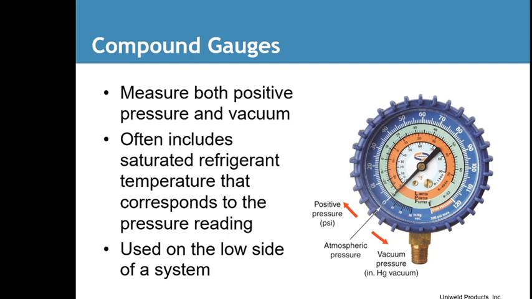Pound gauges. So they measure both positive and negative pressure. And what I'm saying here is, here's your positive pressure on PSIG, or pounds per square inch, on this gauge. The gauge will go up clockwise and show your pounds.